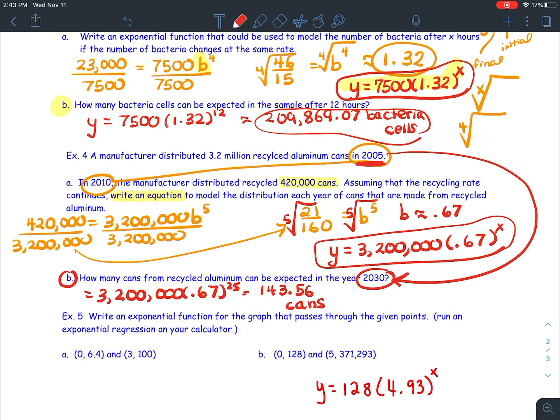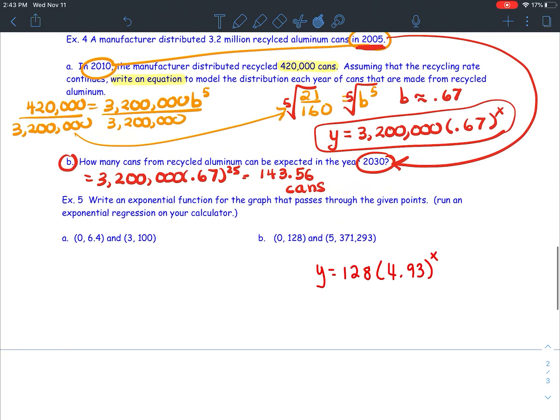All right, the last part to this, and I have a probably 2.5-minute video on my webpage on the tab titled TI-84 calculator videos to show you how to run an exponential regression. All you're essentially going to do for an exponential regression is put the x coordinates into L1, the y coordinates into L2.